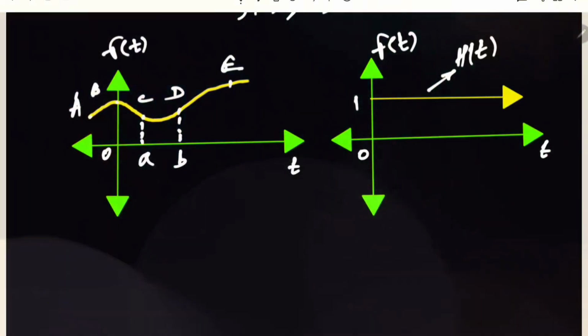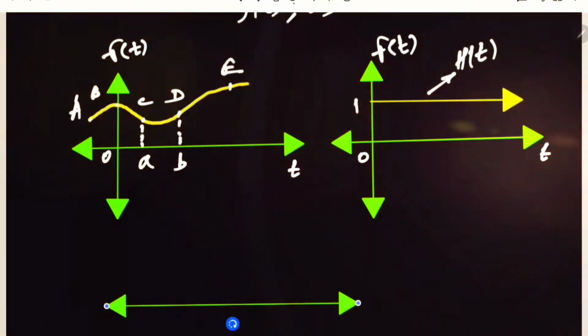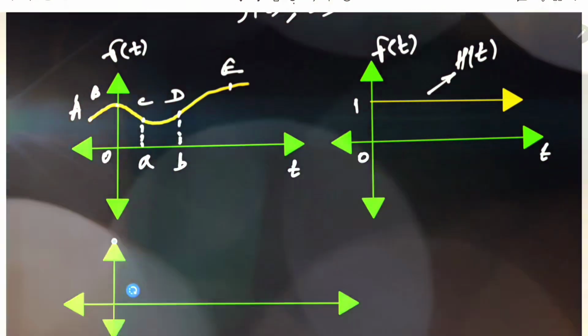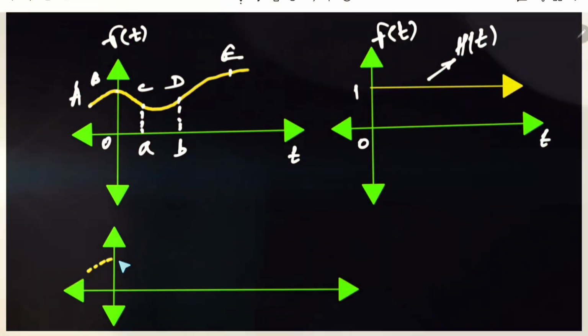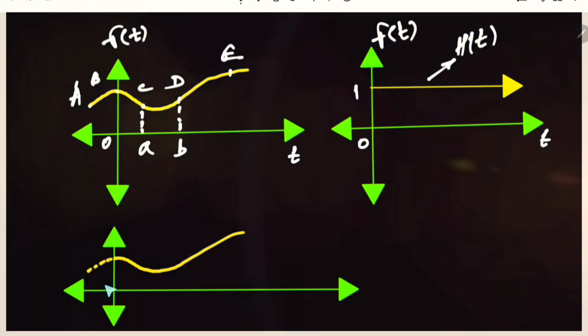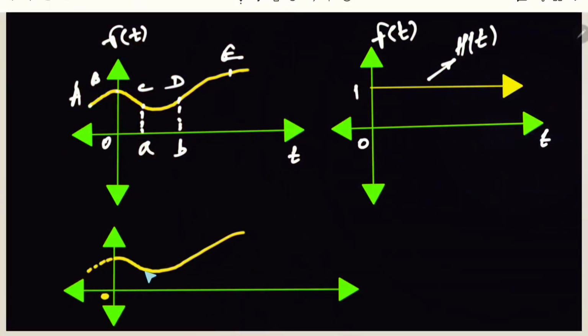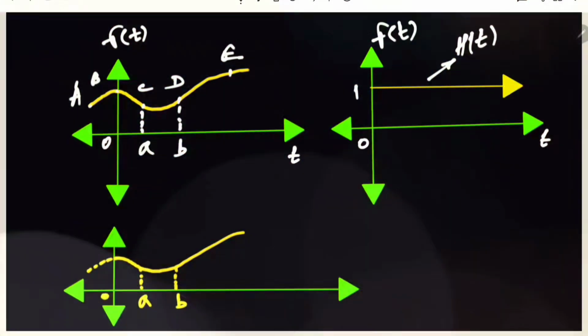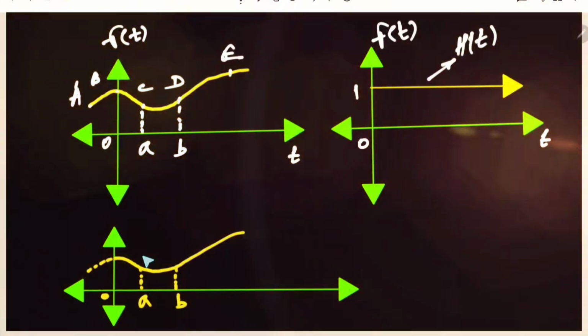Then the product represents the same function from 0 onwards, and this portion between a and b becomes 0 or vanishes. Therefore, graph starts from point C, then D, and then E. This point remains as it is.